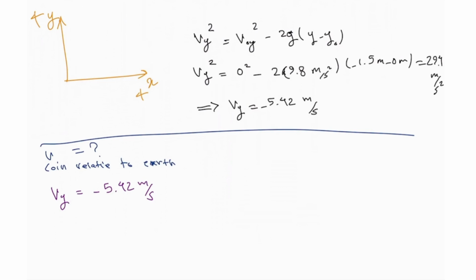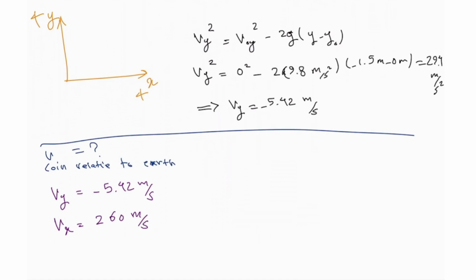However, this time we do have Vx because the coin is moving with the plane, which means it has the same horizontal velocity as the plane relative to the ground. And since there is no horizontal acceleration, the horizontal velocity remains the same as Vx equals 260 meters per second.